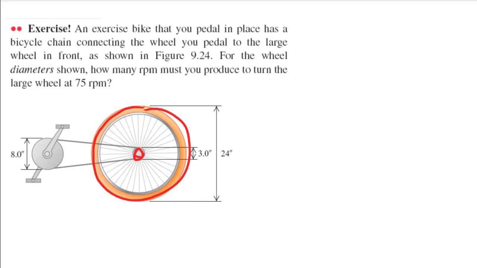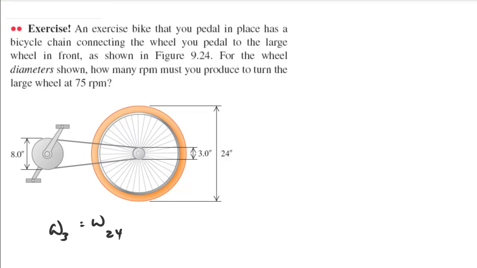When this makes one revolution here, this one makes one revolution here as well. Okay, so that's the first thing we need to note in order to be able to solve this. And so we can say here, let's just say I'll give a subscript for the diameters here. Let's say the omega of this 3-inch wheel is the same as the omega of the 24-inch wheel.